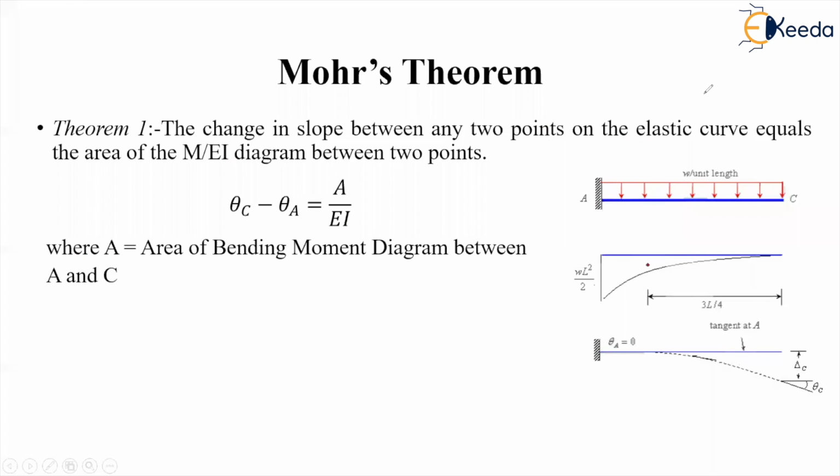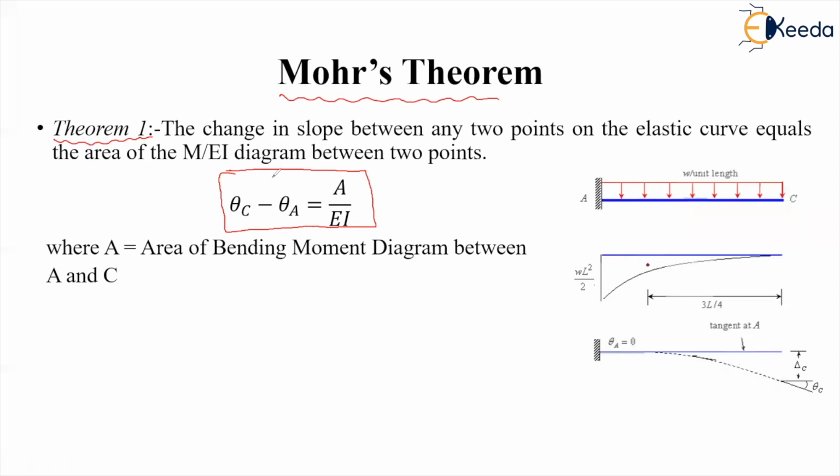In continuation to the moment area method, there are two theorems given by Mohr, called Mohr's theorems. Theorem number one gives the change in slope of the elastic curve obtained from the deformation of the beam.